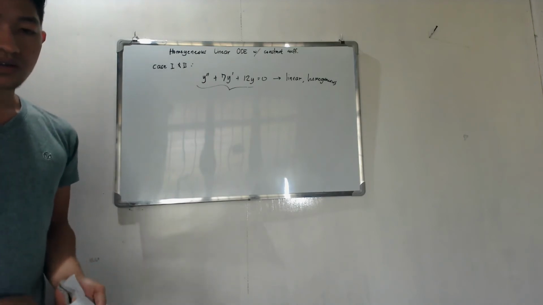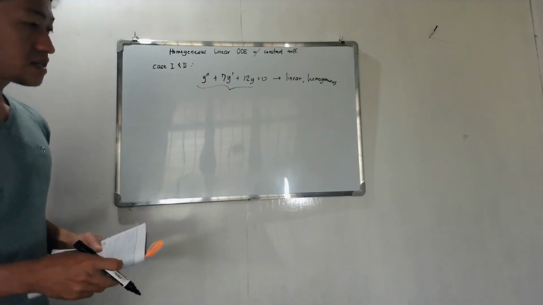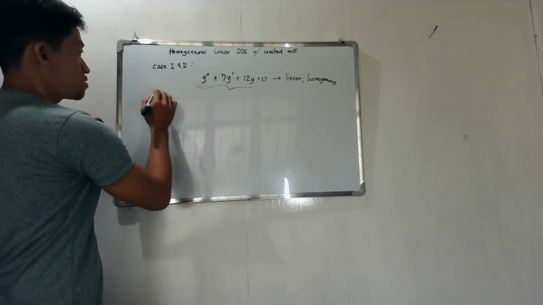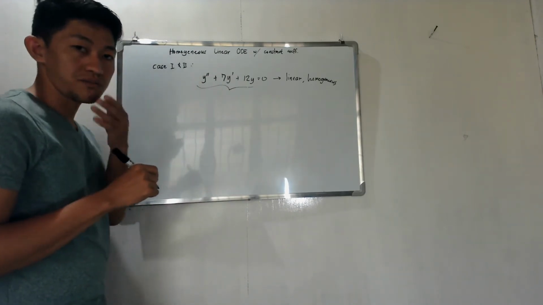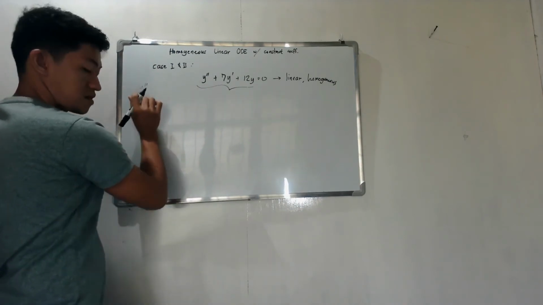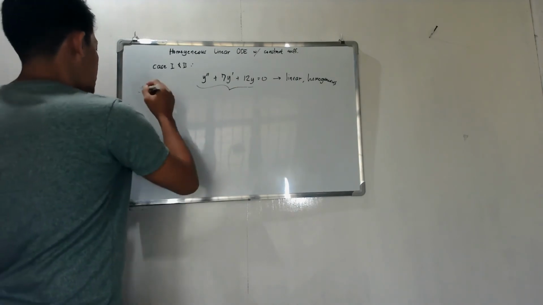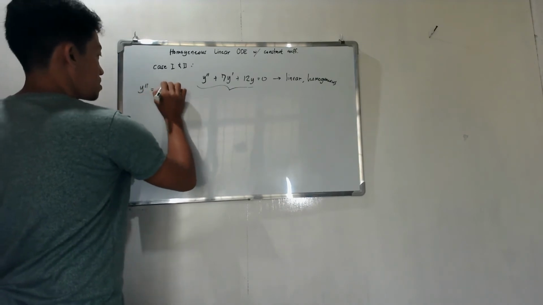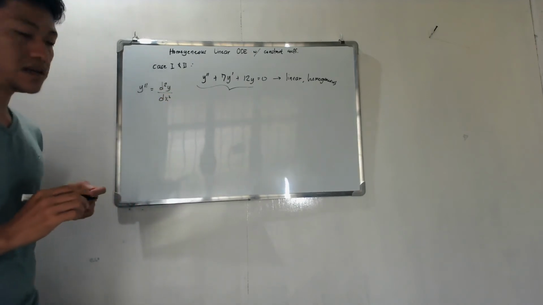So, tingnan nyo mabuti yung format. So, ano ang first step? First step is we change this one into a operator notation. So, ang y double prime is equal to d squared y over dx squared. Okay?